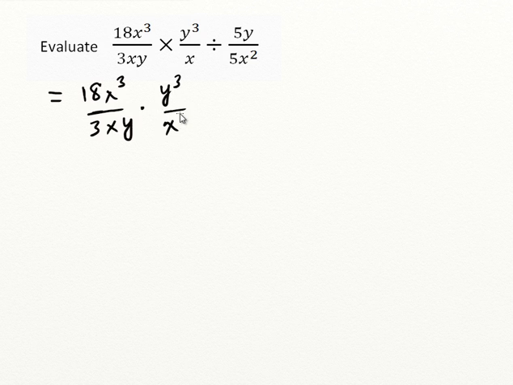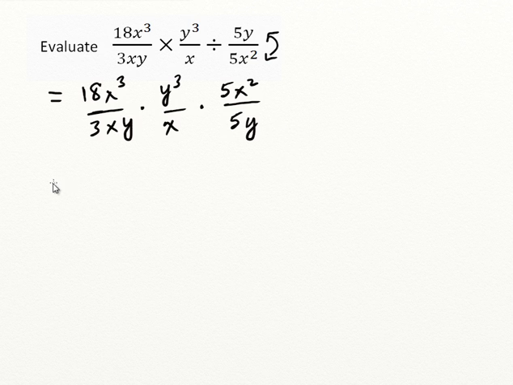And x is on the bottom there. And then this division here is going to turn into multiplication, by flipping, if you like, the top and the bottom. So we'll take the 5x squared that used to be in the bottom, and we'll put it up top. And the 5y, well, that can go down to the bottom.